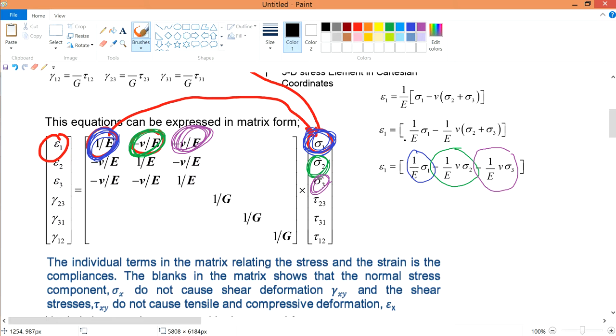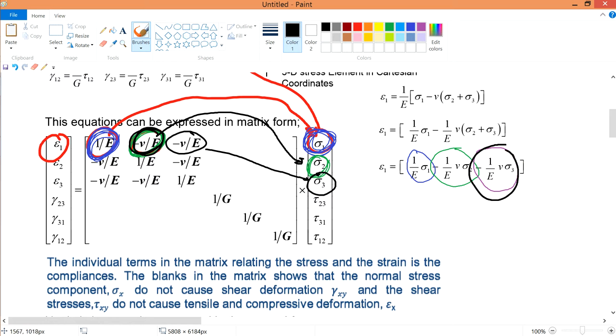So therefore this 1 over E times sigma 1 is actually 1 over E times sigma 1, which is this one. Then this minus 1 over E times Poisson ratio sigma 2 is minus V over E, and then multiplied by sigma 2, which is this one. And then minus V over E times sigma 3, which is this one.